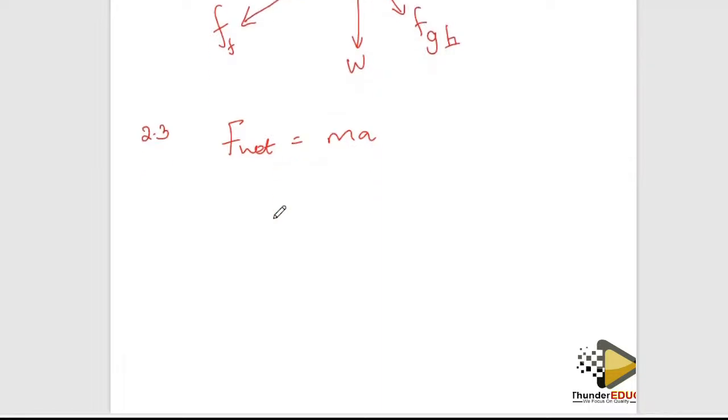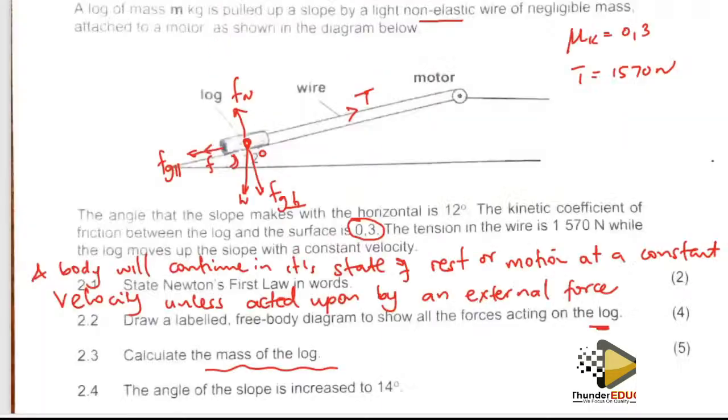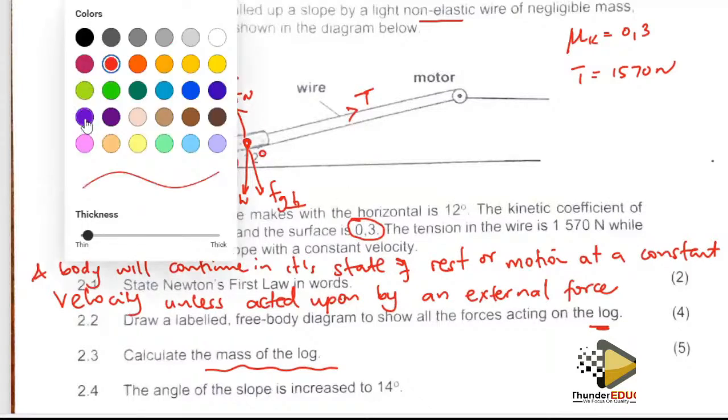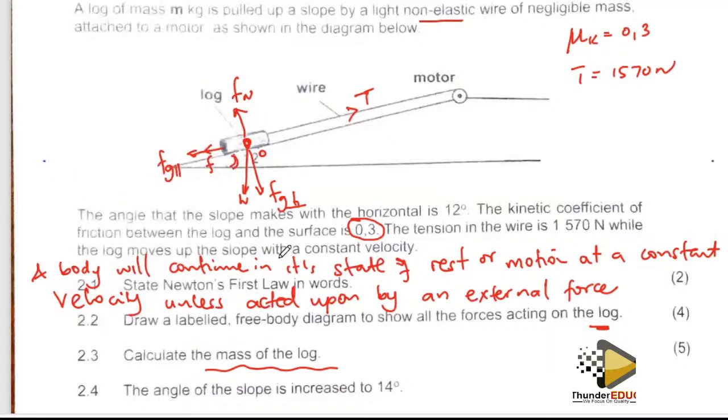Okay. Then I know that this thing moves up the incline at a constant velocity. Okay, there's something that is interesting also. For as long as velocity is constant, which means the acceleration is going to be 0.